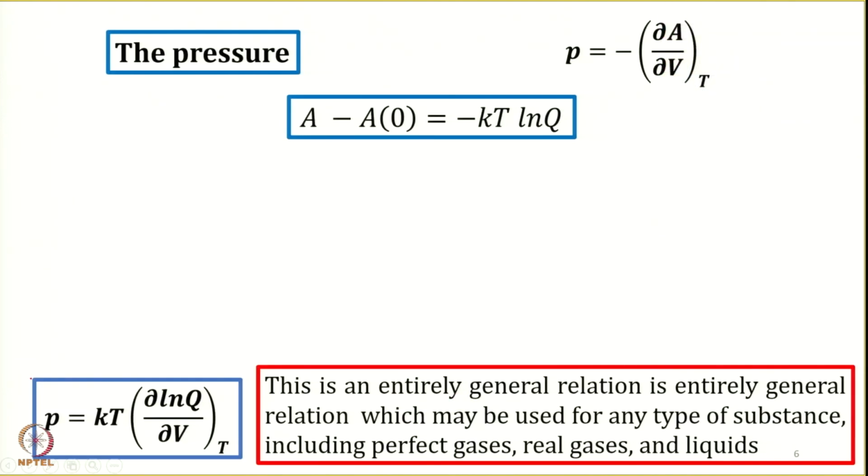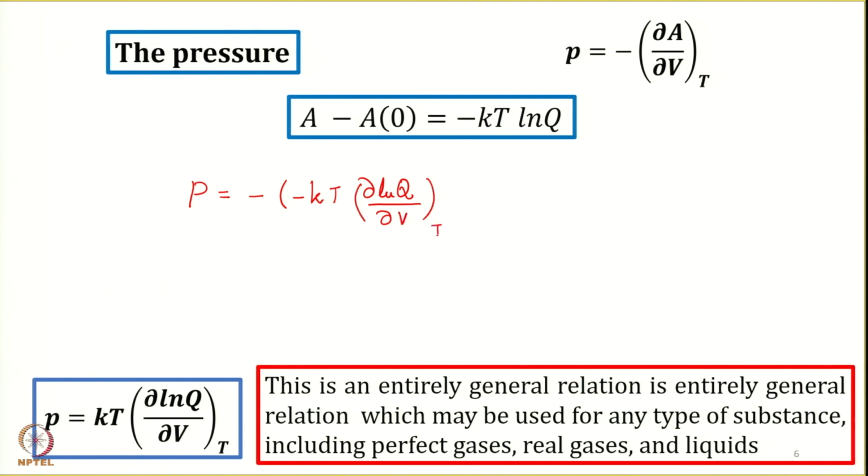So, pressure expression we have derived, P is equal to minus del A by del V at constant T. So, therefore, now substituting this, P is equal to minus, I will take derivative of this expression, temperature is constant. So, I will say minus kT del log Q by del V at constant temperature.